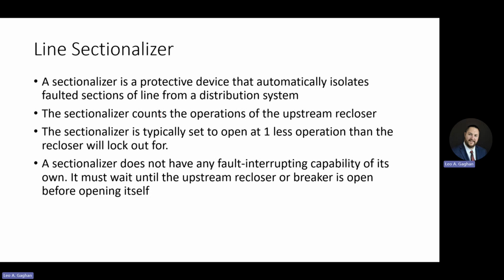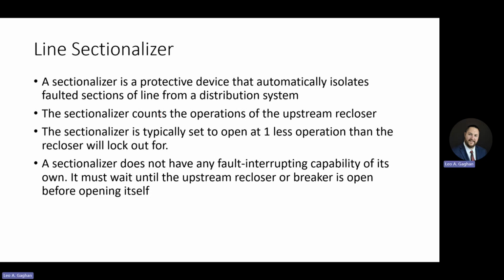So a line sectionalizer, similar to a recloser. It just doesn't actually do the isolation itself. It waits. So a line sectionalizer is a protective device that automatically isolates fault sections from a distribution system. So the sectionalizer counts the operations of the upstream recloser.